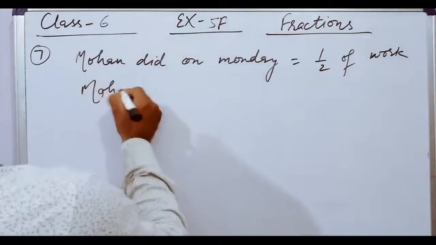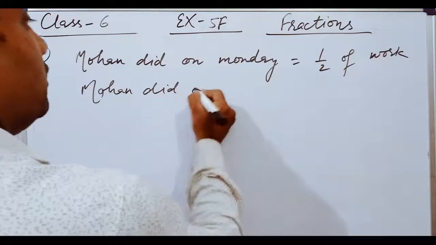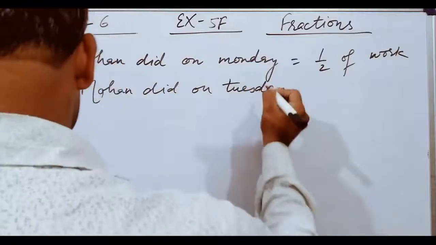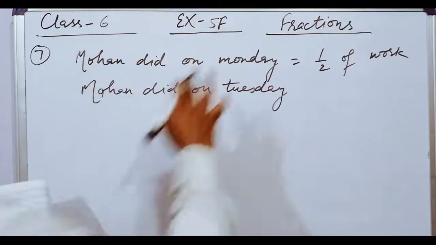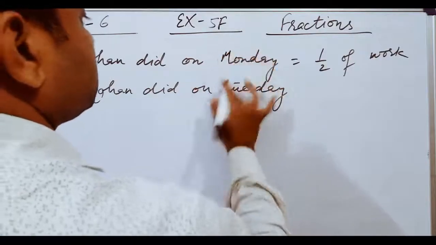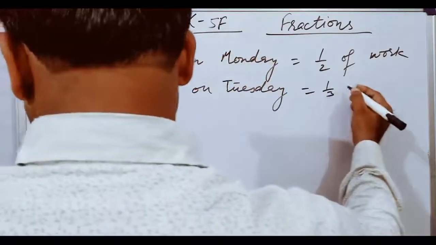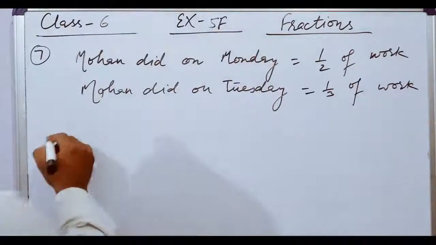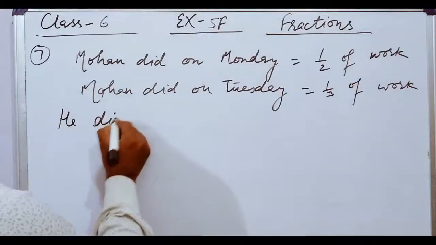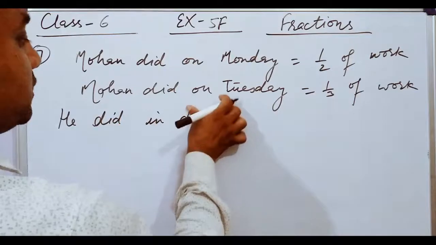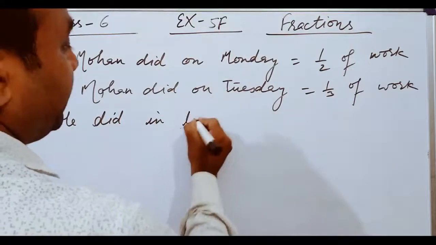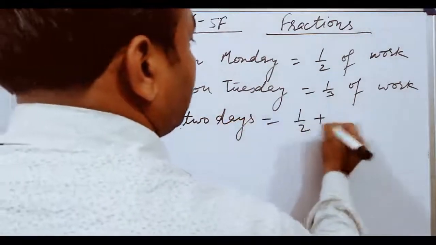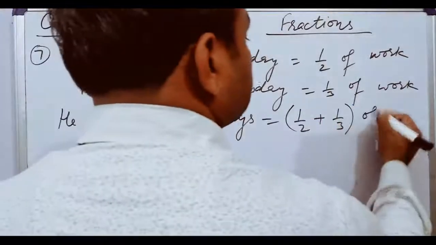Mohan did on Tuesday equal to 1/3 of work, total work. Okay, he did in 2 days, Monday and Tuesday, equal to 1/2 plus 1/3 of the work.